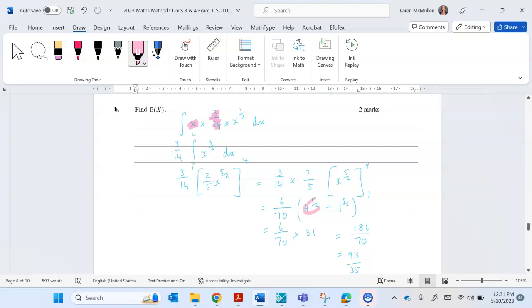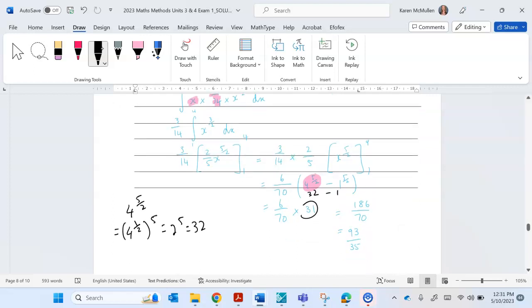Oh, here we've got another power. Let's just do this to the side. So 4 to the power of 5 on 2. We can separate that to 4 to the power of a half, to the power of 5. So it becomes 2 to the power of 5, which is 32.